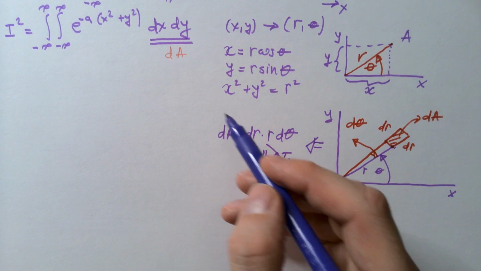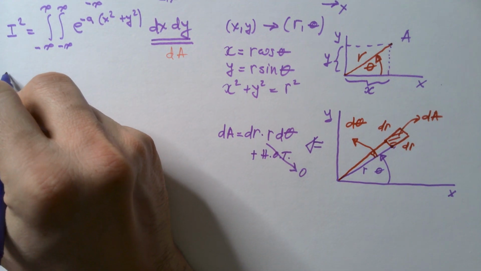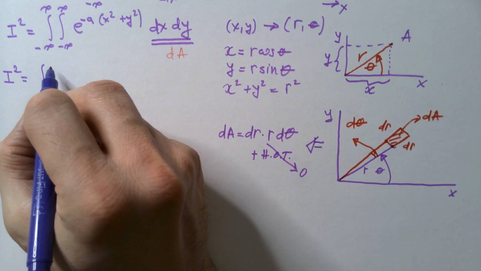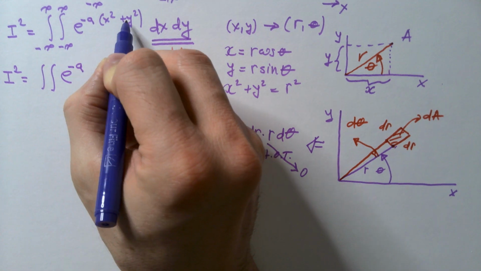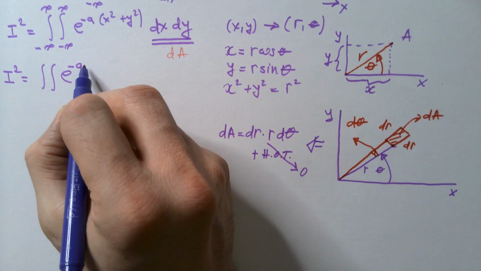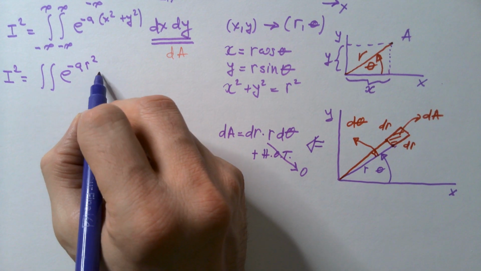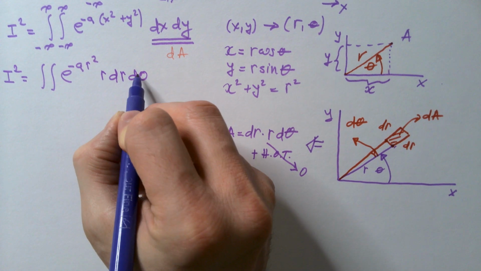Now with this knowledge, I can go back to this integral and write that my integral I squared is equal to the integral of e to negative a times (x squared plus y squared), which is r squared, and dA is r dr d theta.